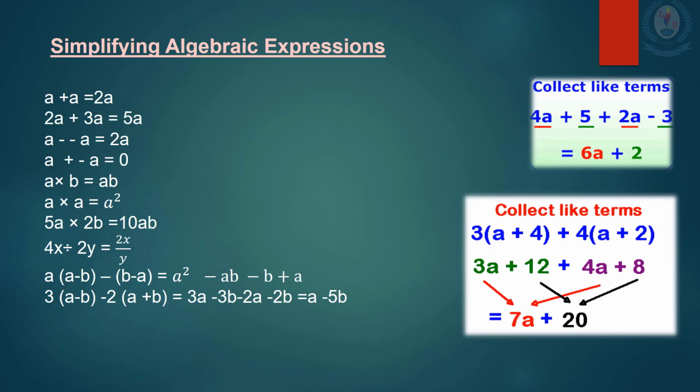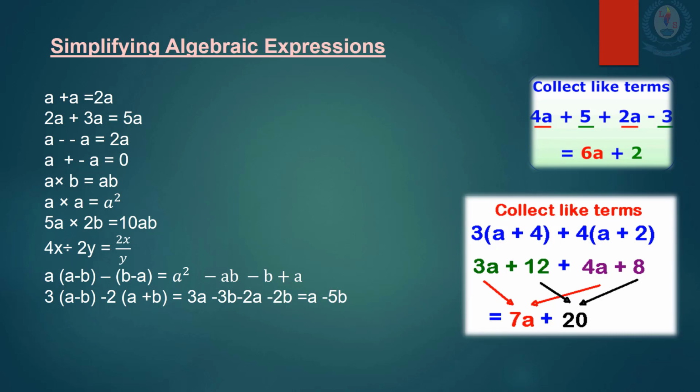Then you can see the next one, a minus minus a. So the two same signs, the signs will become positive. Then a plus a, 2a. Next one, a plus minus a. As I have taught you earlier, if there are two different signs, it will become negative.